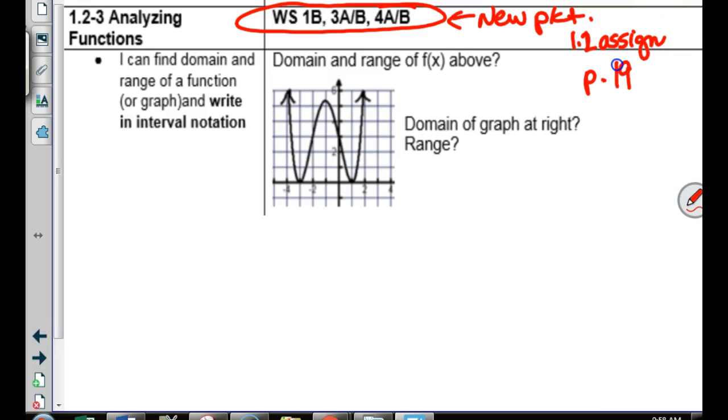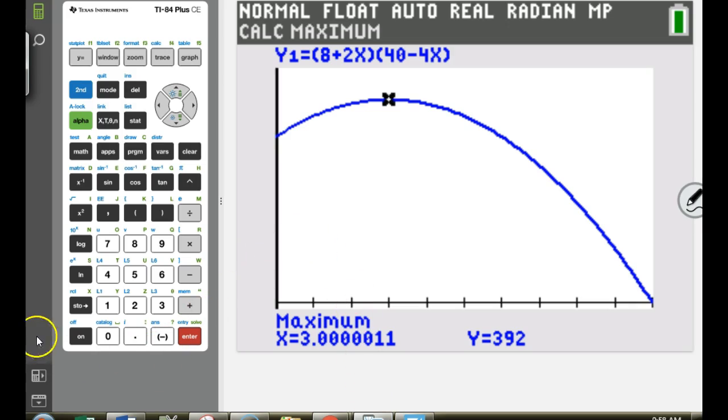All right, domain and range for my example here, anybody? Oh, it says find the domain and range of the question above. All right, so use your calculator because you can't just guess. What was it, 3x squared minus 6x plus 7? You could do it without a calculator, honestly, because all you need is the what?